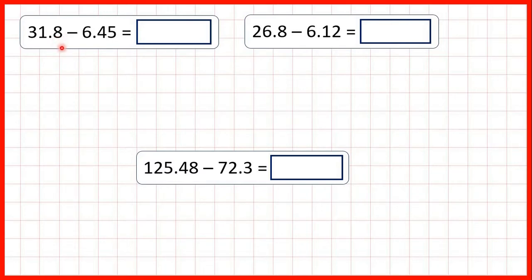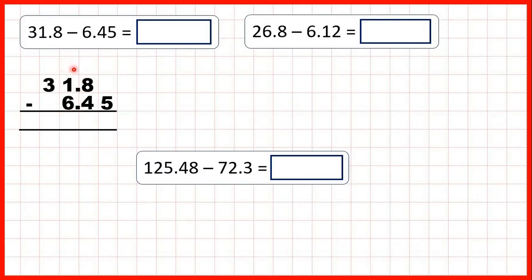We can subtract using column subtraction, but we need to make sure that we write out the numbers with the decimal points lined up. That way, our other place values, so our tens, ones, tenths, and hundredths place value columns, will be lined up as well.